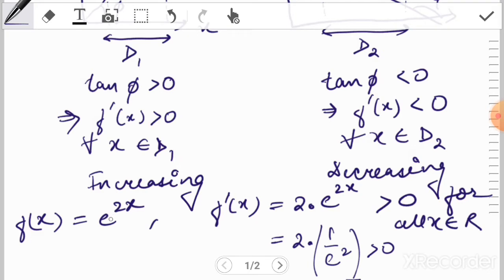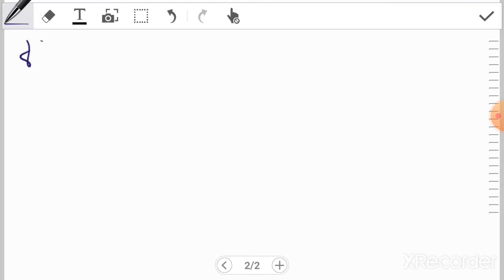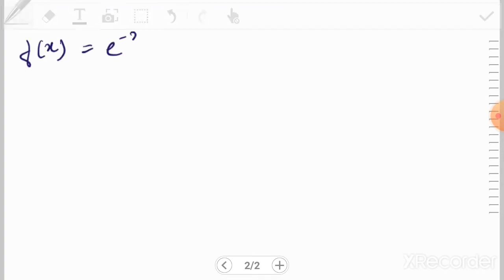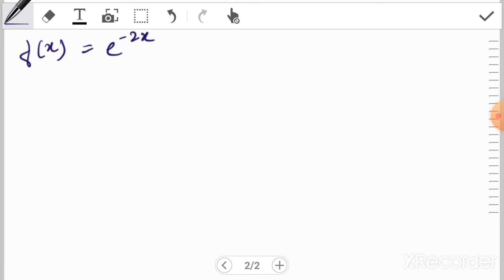What if f(x) was equal to e power minus 2x? Differentiating with respect to x, we get minus 2 e raised to the power minus 2x.